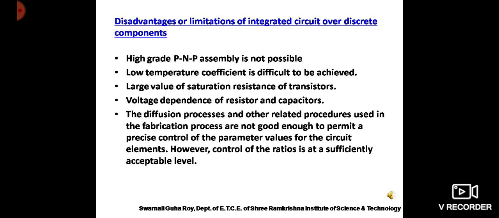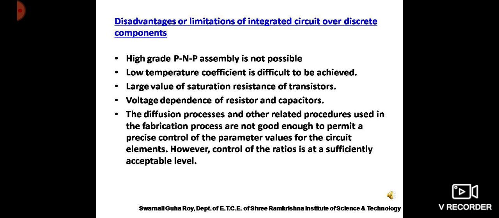Then the next point is that the diffusion processes and other related procedures used in IC fabrication are not good enough to permit precise control of the parameter values of the circuit elements. However, control of the ratios is at a sufficiently acceptable level.